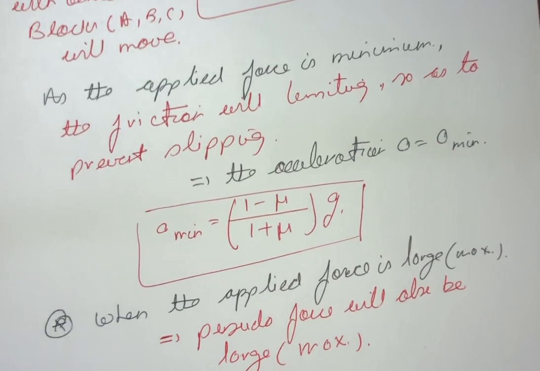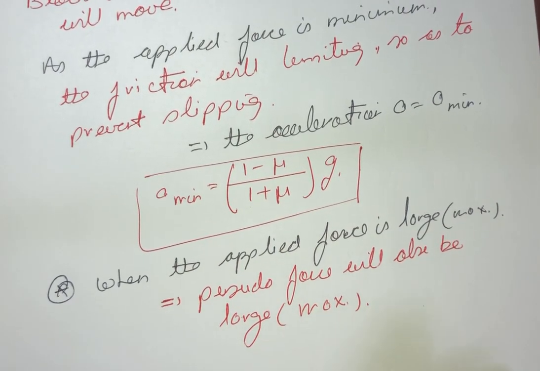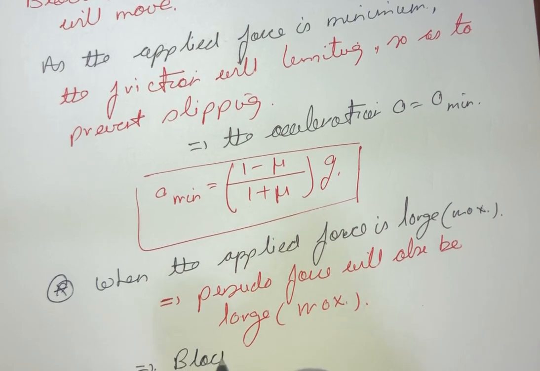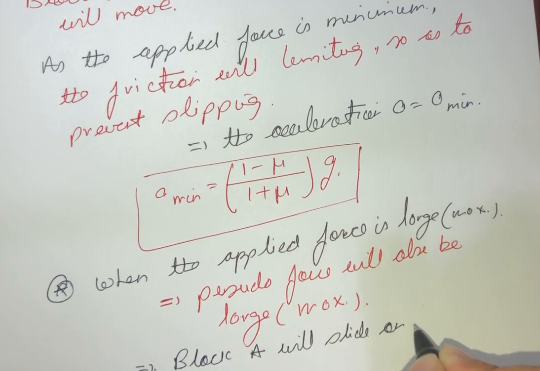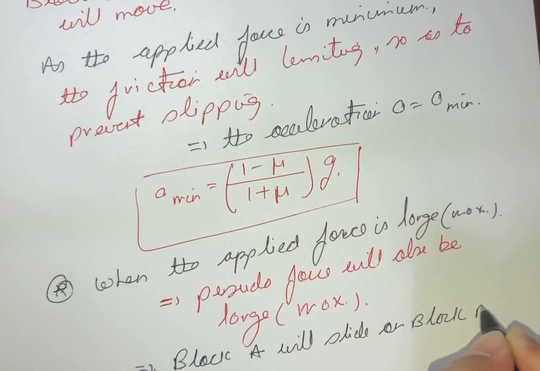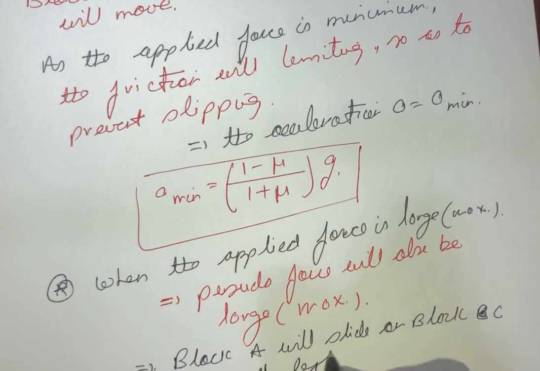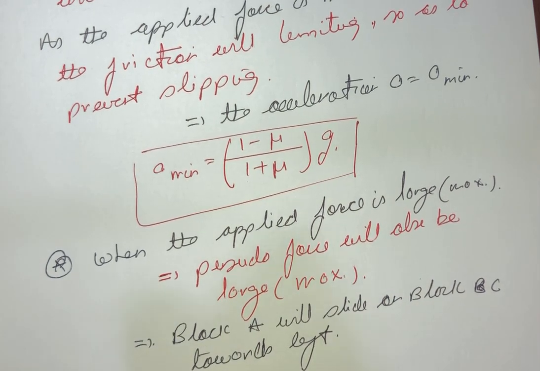So because of that, now what is going to happen? The block A will slide on block C towards left. And because of that, it moves to the left.